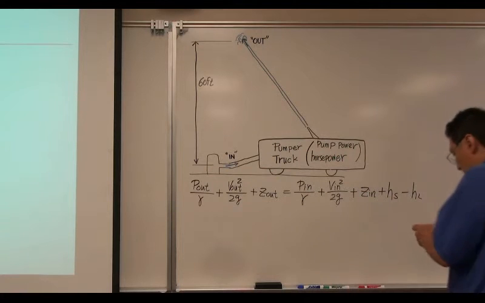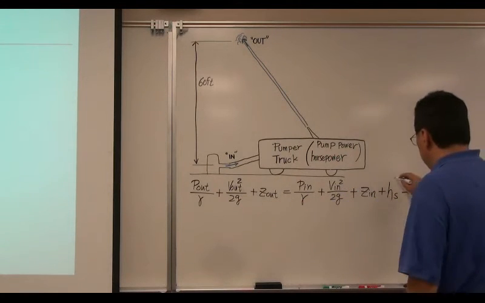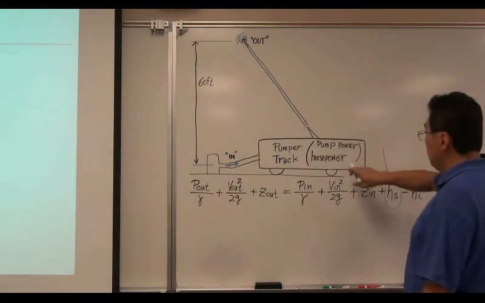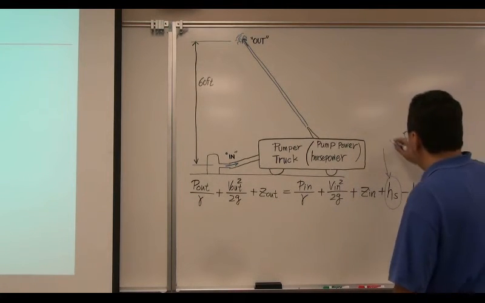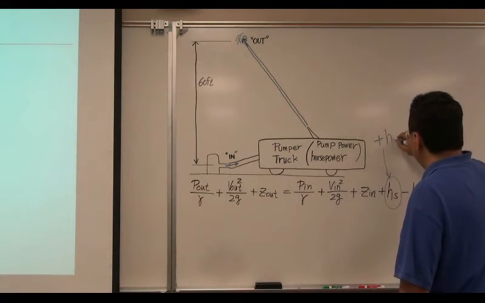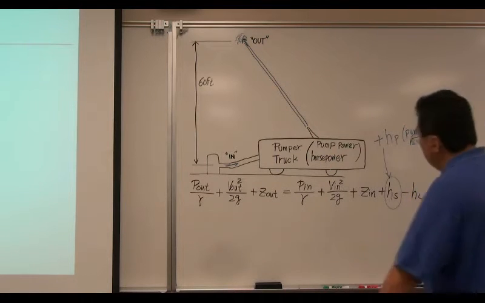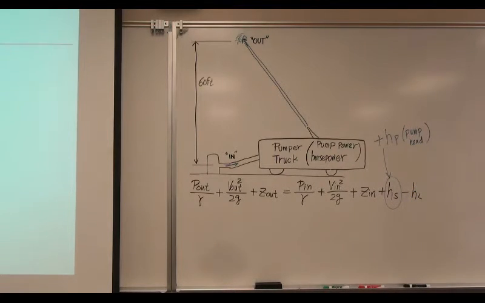Now, the important thing about this is the shaft head. If you have a pump, you need to add HP. This is called pump head. Depending on the device you have, if you have a turbine, the device is actually taking energy out, so it's going to be minus HT, and it's called turbine head.